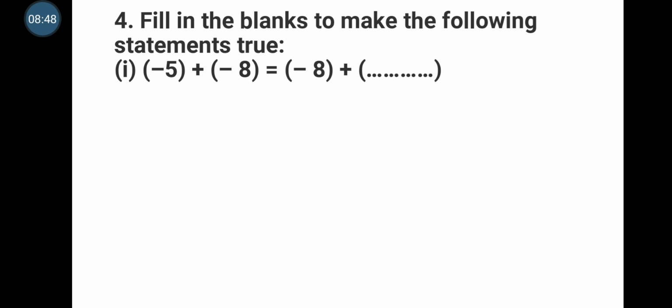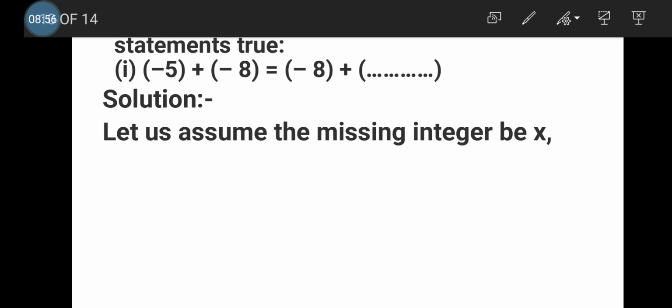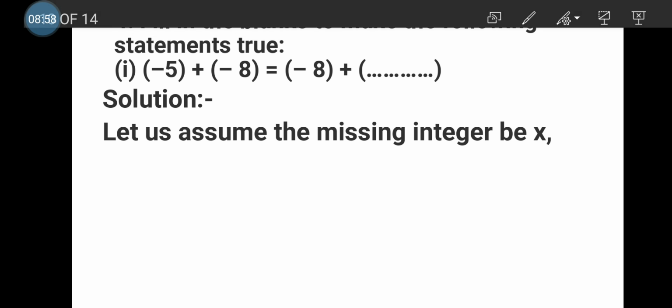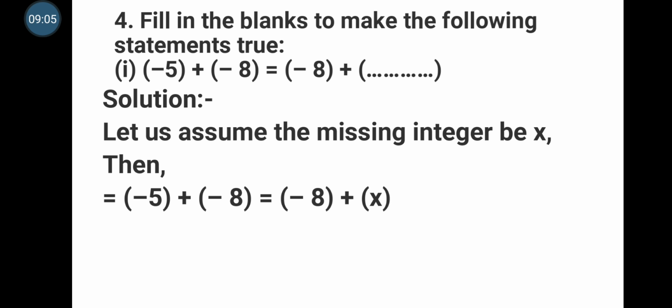Here you can see on the left hand side, that is LHS, you have two numbers. Let us assume the missing integer be x, so that dash we will take as x. Then minus 5 plus minus 8 equal to minus 8 plus x. In the place of dash we will write x now.